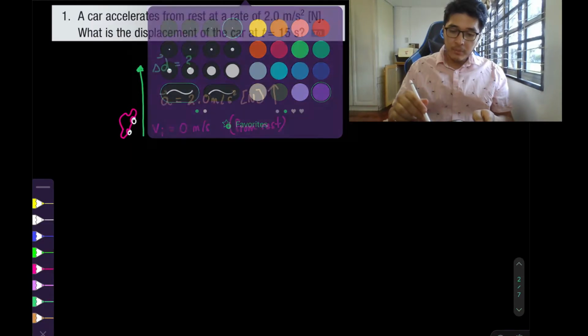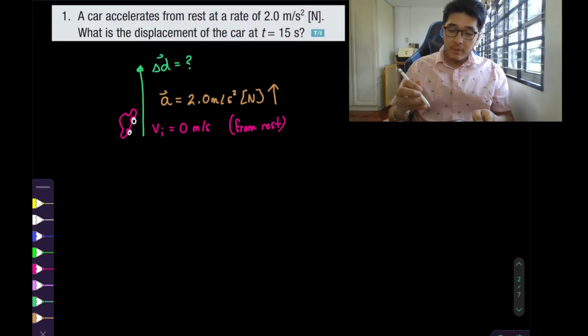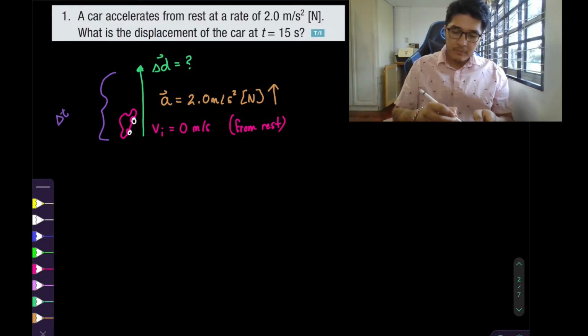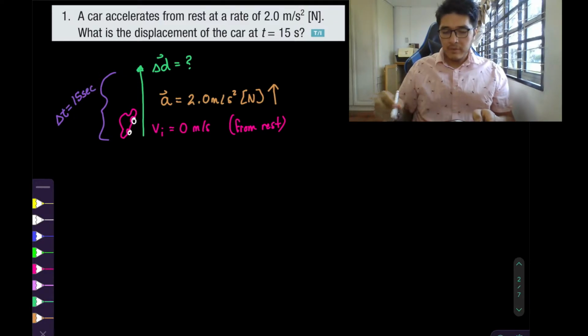And this whole acceleration takes place during a time interval of 15 seconds. Alright, so they're asking us for displacement. We have the initial velocity, the acceleration, and the change in time.